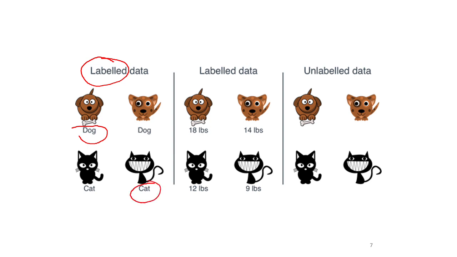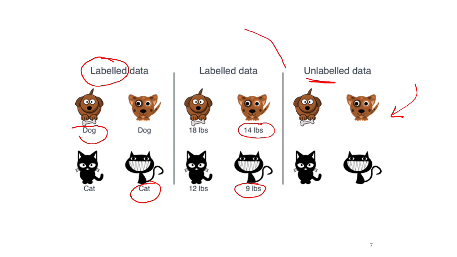Or for instance, I have access to these images, but the label is actually the weight. So this is 14 pounds, this is 9 pounds, and so on. Sometimes we do have access to large amounts of data, but it's unlabeled. It doesn't have specific annotation or predefined category that it belongs to. So it's just data, but without labels.